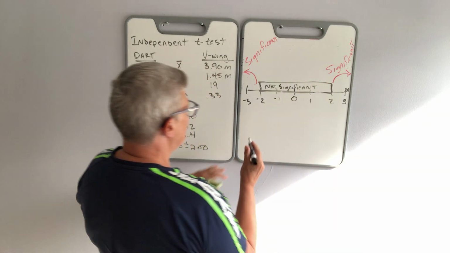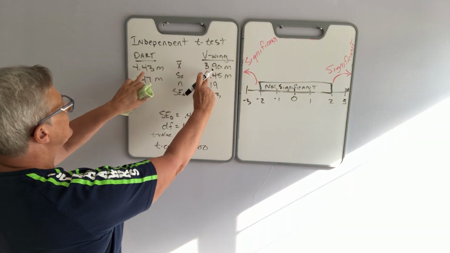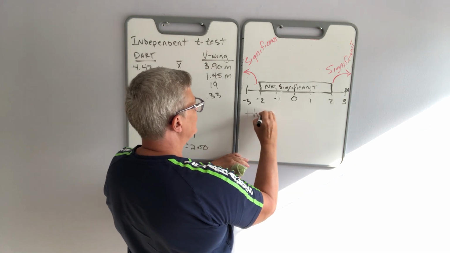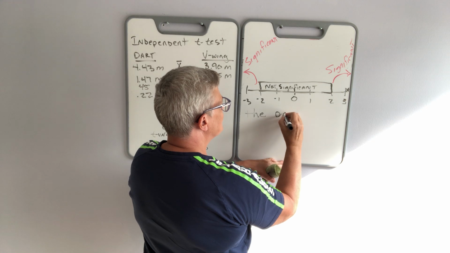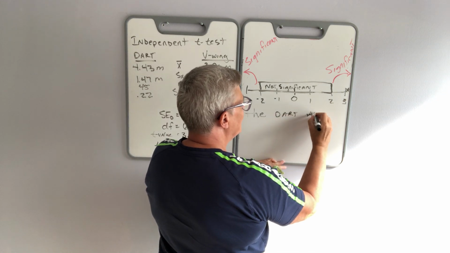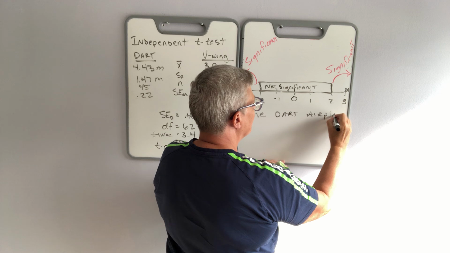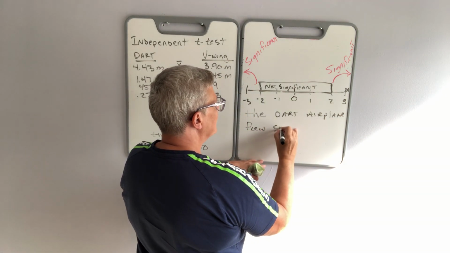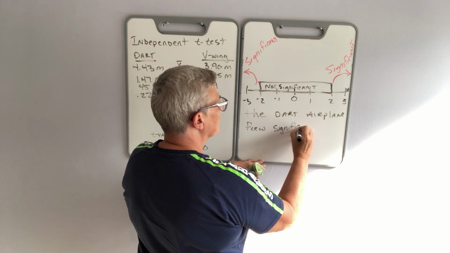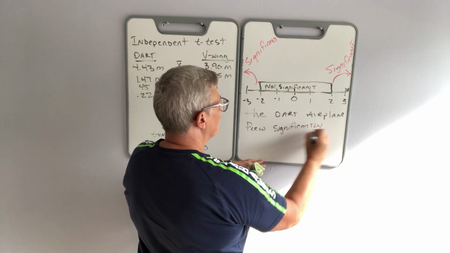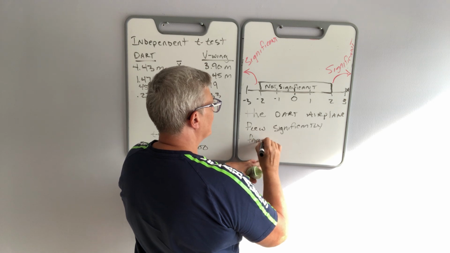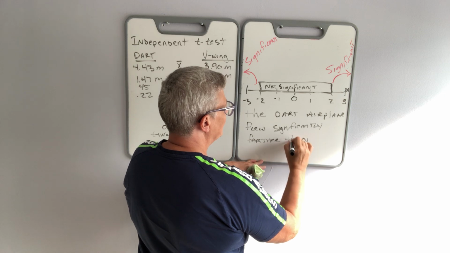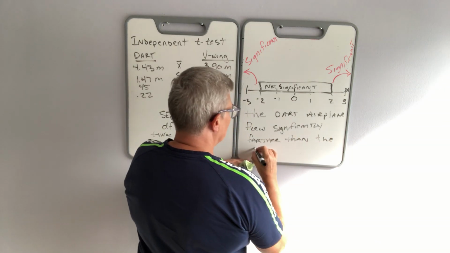So in this case, I would write, I'm looking at my means. You go back and you look at your means and you say, the dart airplane flew significantly farther than the V-wing.